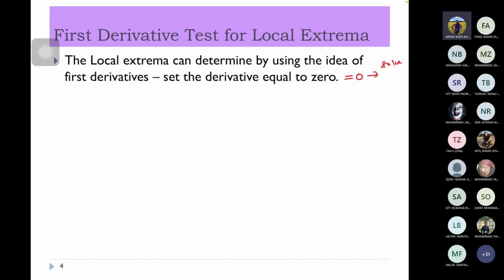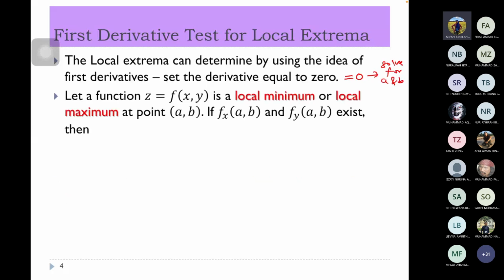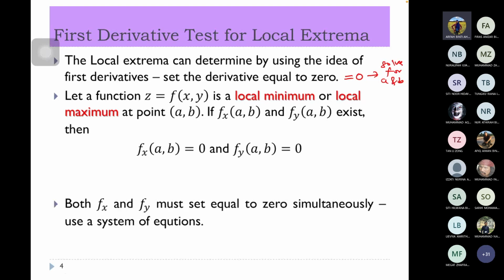So let a function z have a local minimum or local maximum at point (a, b). If the partial derivative with respect to x and the partial derivative with respect to y exist at (a, b), then the partial derivative fx equals 0 and the partial derivative fy at the point (a, b) equals 0. Okay. So we will get the minimum point and also the maximum point.